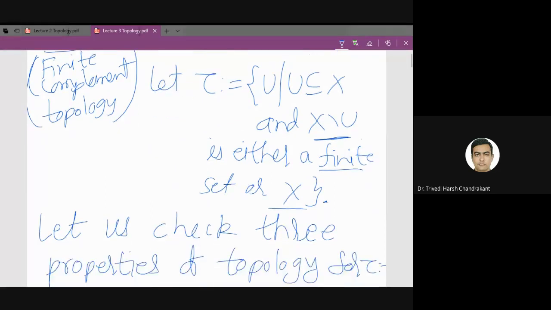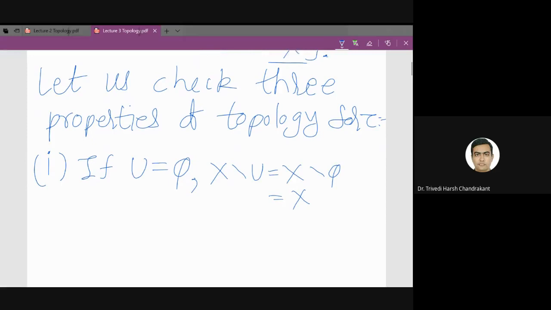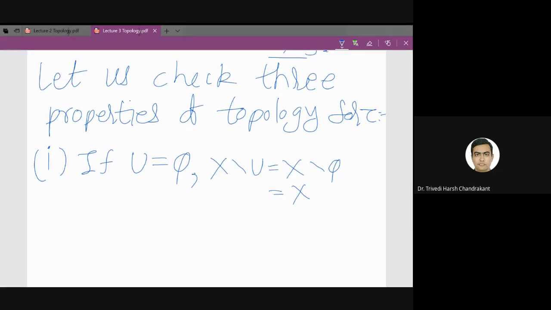So in this case, what is x minus u? X minus u is nothing but x minus phi, that is phi complement. So phi complement is exactly the whole set X, right? So u complement should be either X or a finite set. So here we are getting x minus u is X.